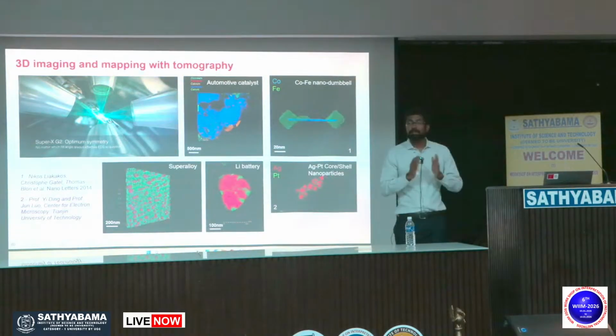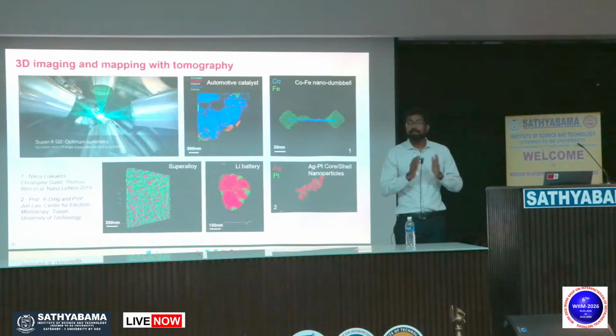Here is an even bigger picture. Before going to the last part, I would say when you go to the microscope slot, you know what to do, how to solve your problem, and you can ask the users. First you analyze what can be possible in your samples, and then you tell how much time is required for that.